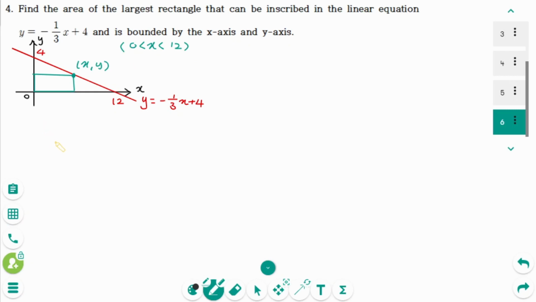The rectangle has area A of x equals, this one is x, this one is y, then x times y. We can rewrite as x times y equals x times minus 1 over 3 x plus 4. We can rewrite as minus 1 over 3 x squared plus 4x.